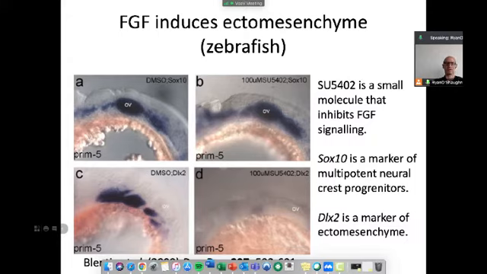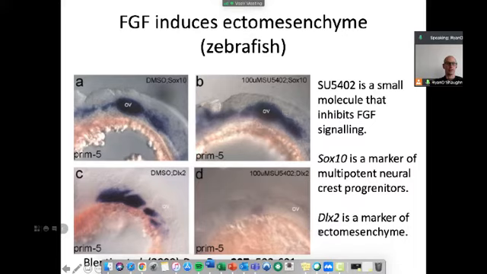And we can show this in this experiment here, where we use the drug SU5402 to inhibit FGF signaling, fibroblast growth factor signaling. And we'll look at that in a later lecture. But suffice to say that if you inhibit FGF signaling, we lose markers of ectomesenchyme.